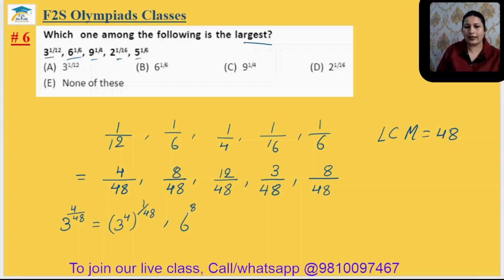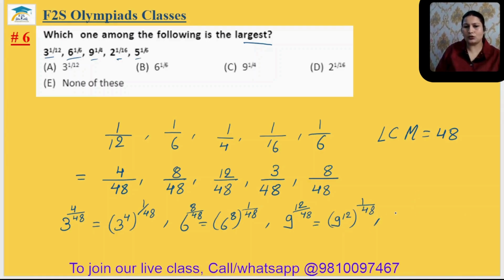I can write 8 by 48, which can be rewritten as 6 to the power 8, whole power 1 by 48. Third one is 9 to the power 1 by 4. It means 12 by 48. It is 9 to the power 12 whole power 1 by 48.